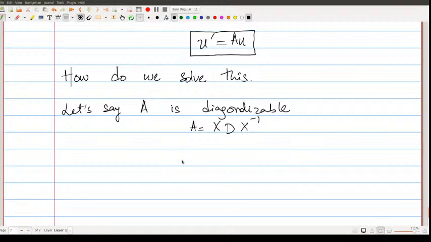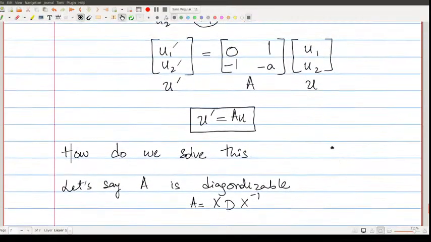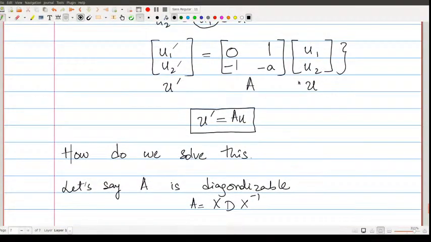At this point, I'm going to do a change of variables. And notice that this equation is a coupled equation, right? u1 prime contains u2, and u2 prime contains u1 and u2. So this is a coupled differential equation, coupled system.